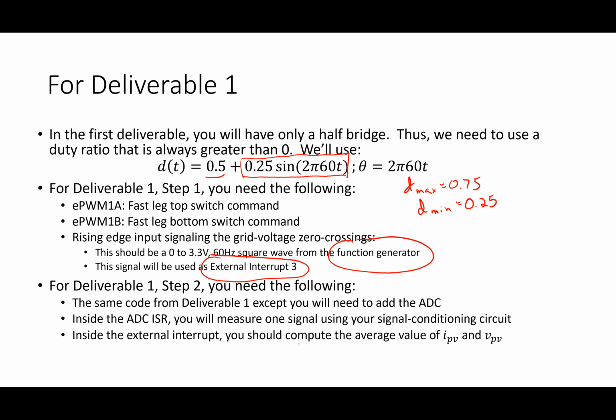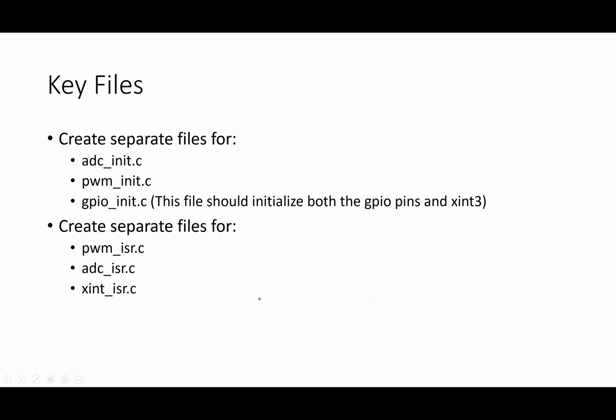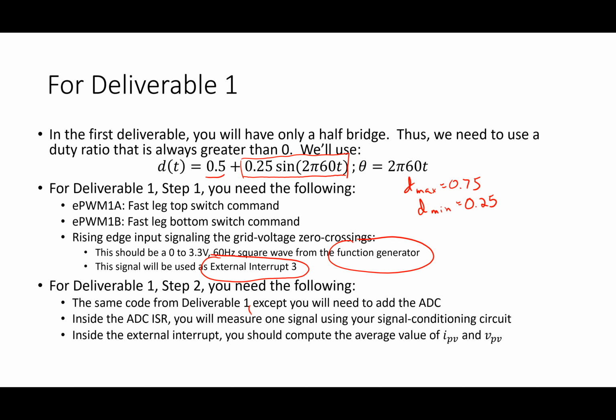All right. Now for deliverable 1, step 2, basically what you're doing is you're adding in the ADC. All right, and we're really just trying to get ourselves familiar with how to use the ADC. So essentially what I do is I use the code, I guess this should say from deliverable 1, step 1. So I use all the code that I had before from the first part of the deliverable, except that I'll add the ADC, okay?